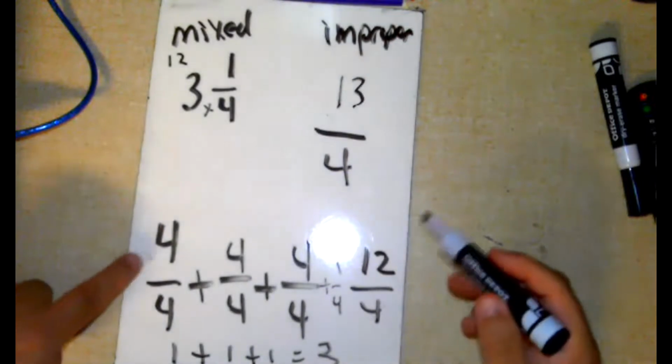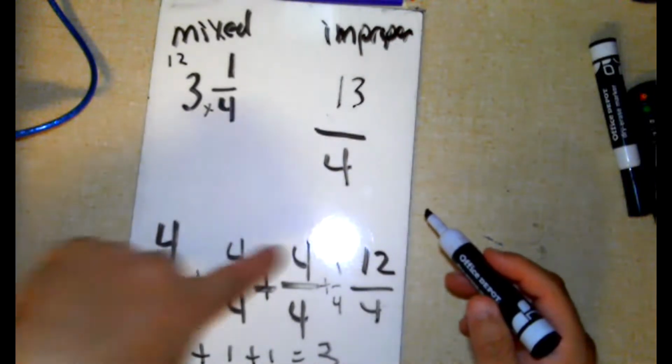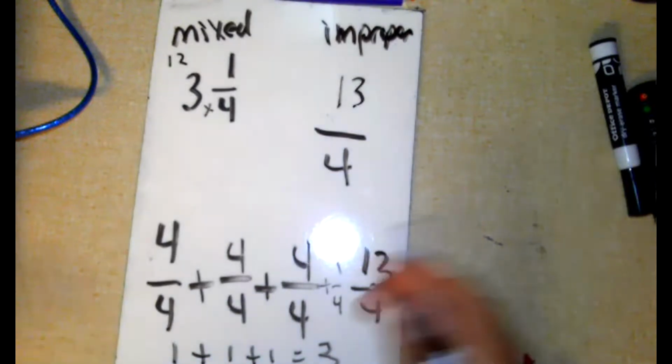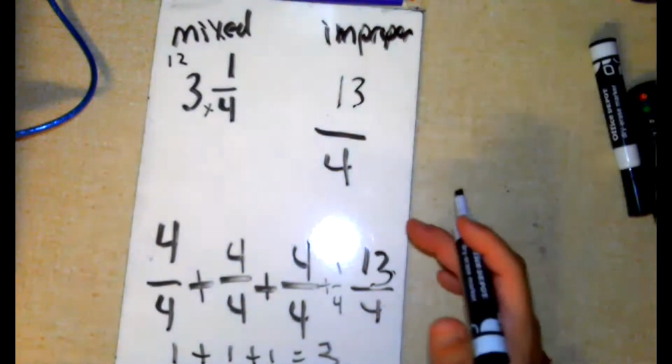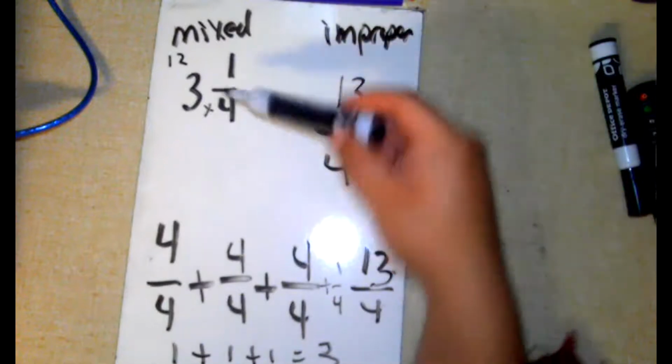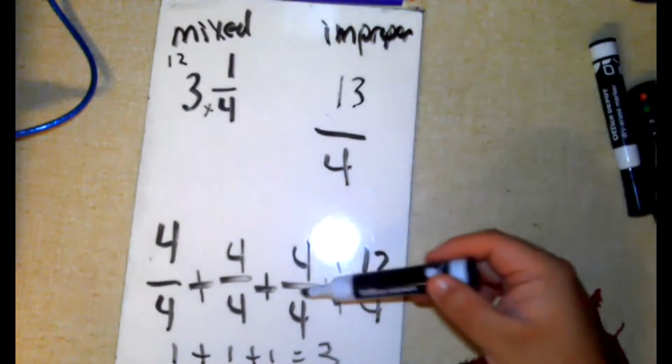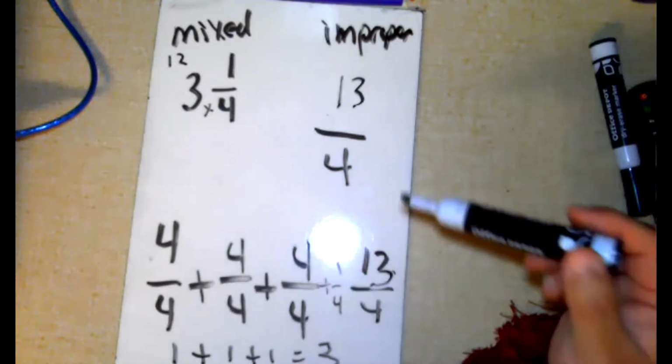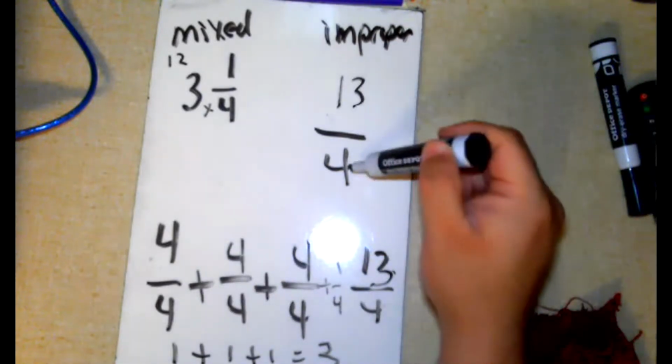So if we add 4 plus 4 is 8, plus 4 is 12, plus 1 is 13. So there are different ways you can go about it. If you're comfortable doing this method, go for it. If you want to write out your whole numbers and then add them up, go for it. So we have 13 fourths.